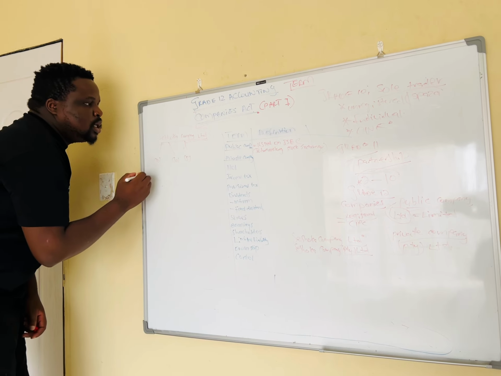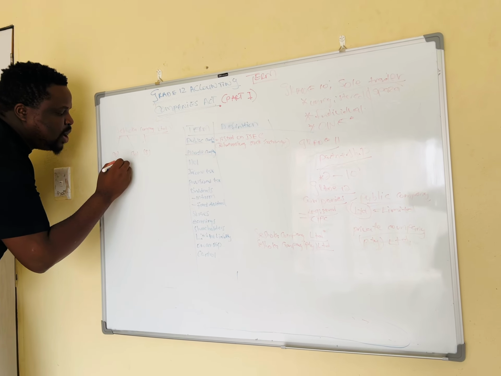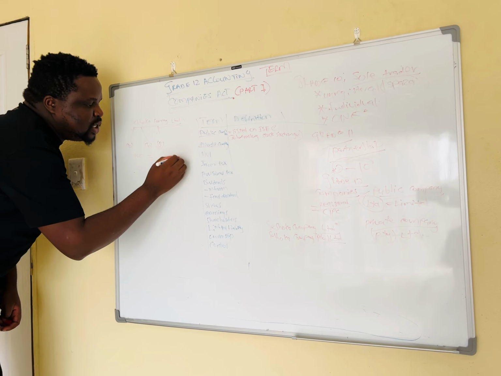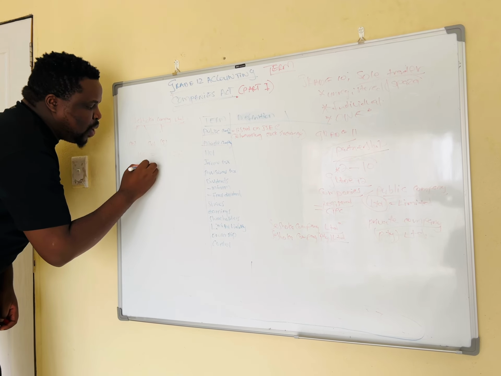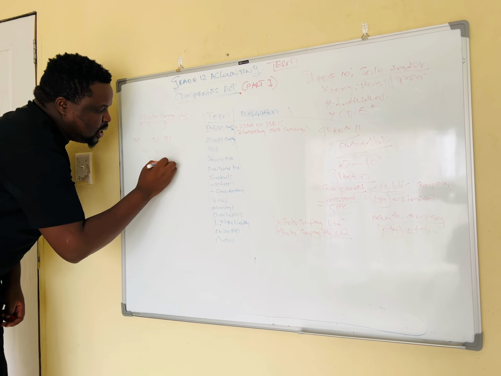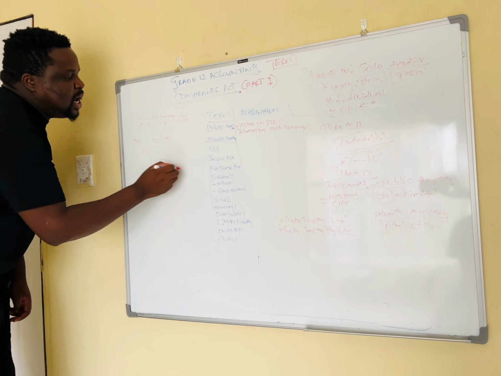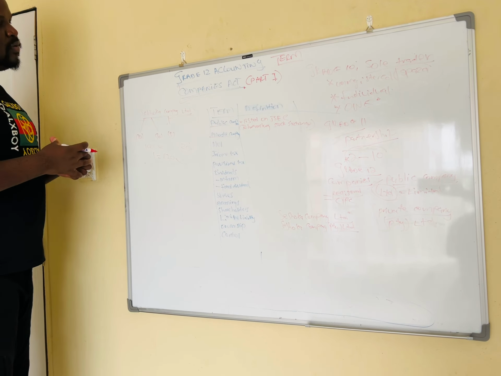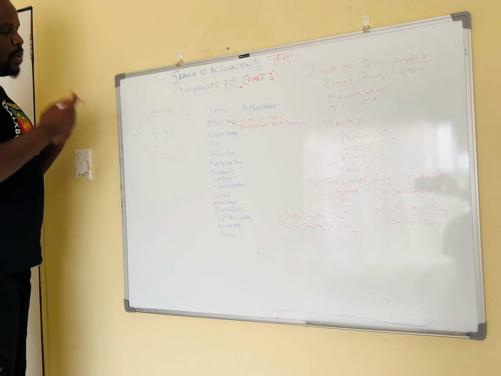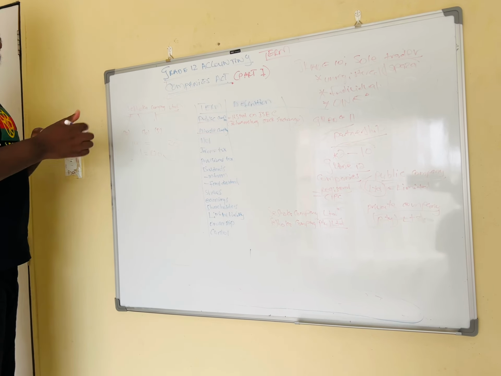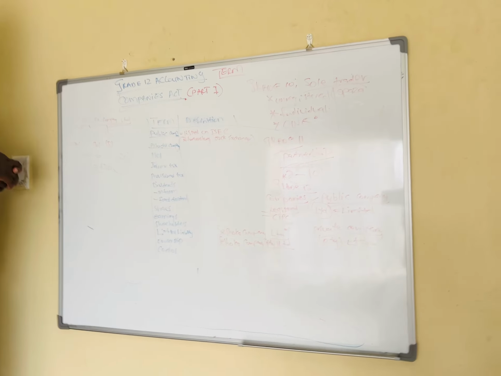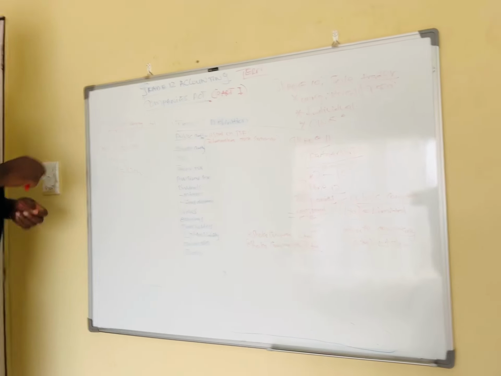Maybe we have 100 shares, then that person will give me maybe 20 rand, and then I give that person one share for the 20 rand. Then now they are also part of that company. They are also an owner of the company, even though I'm the one who started it. If you have money, you can come and buy the shares and become part of the company, what we call a shareholder.